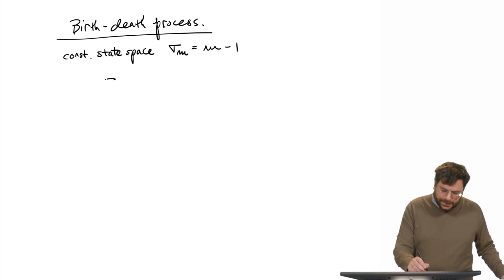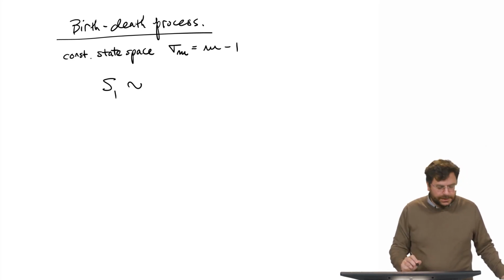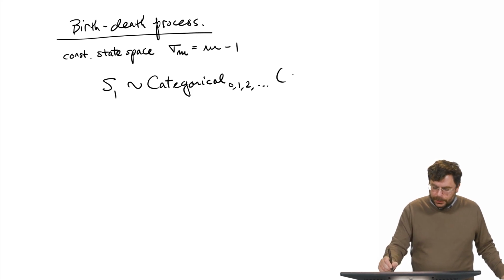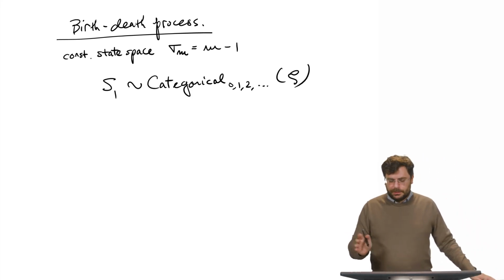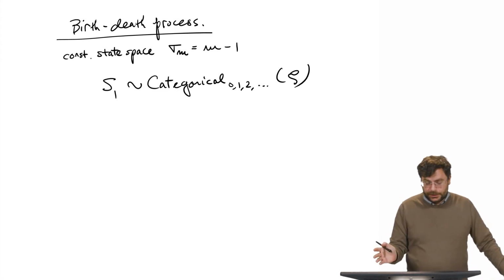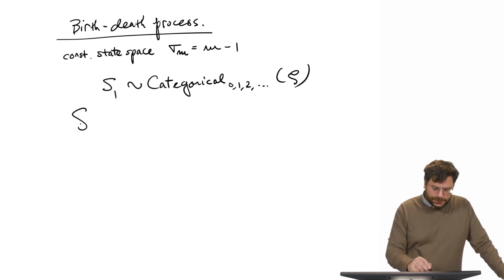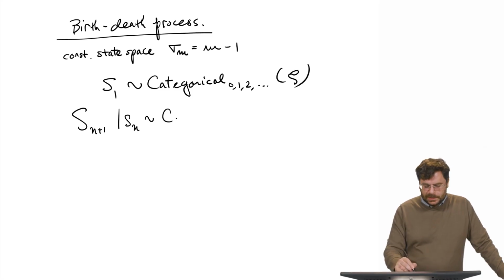I will have an S1, my initial states, which are going to be sampled from a categorical with some probability rho. Now again, I may have a fixed number of initial members. Maybe I start off with 100 initial members and so forth. But I think what's the most interesting for this example here will be the transition rule.